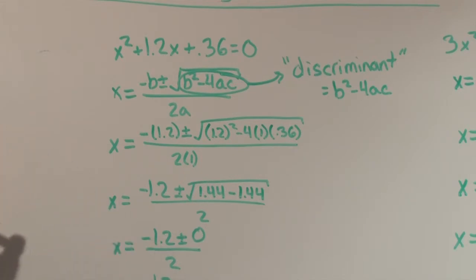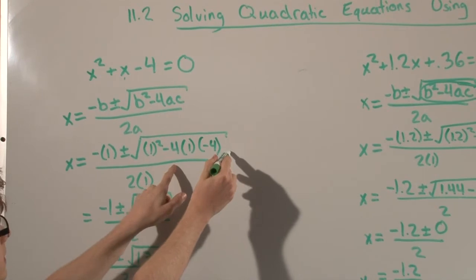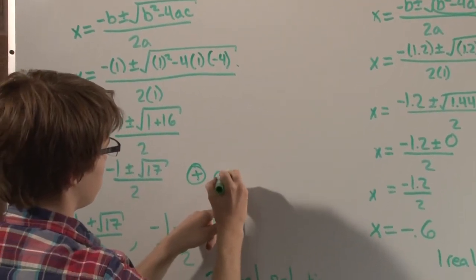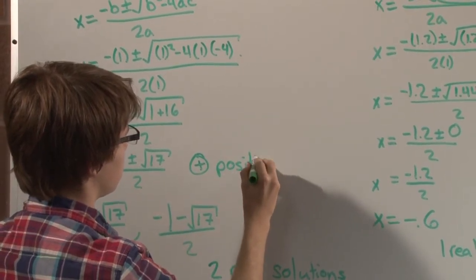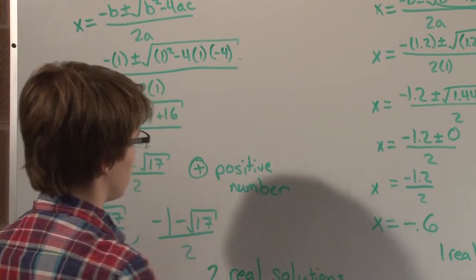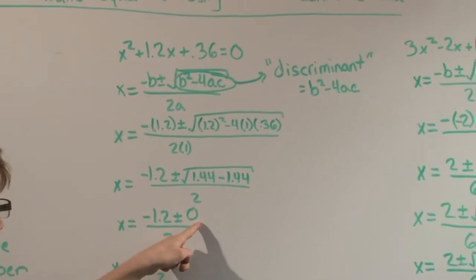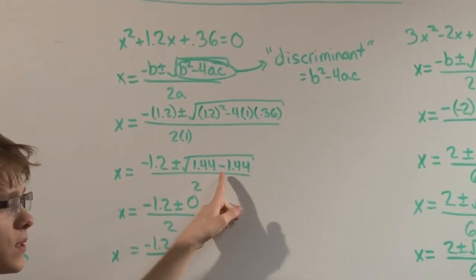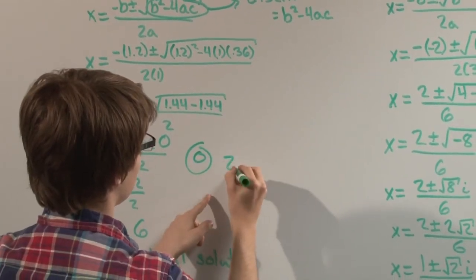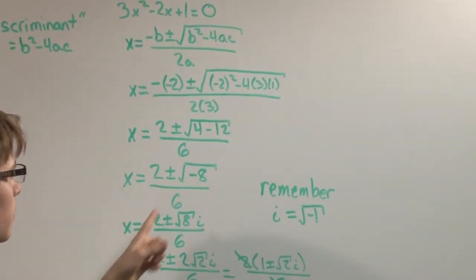So if you notice in this example, our discriminant, we had b squared minus 4ac, and when we did it out, we got a positive number. Right? And when we did it here, we got 0. Because 1.44 minus 1.44 equals 0, and the square root of 0 is 0. All right, and then over here, we got a negative number.